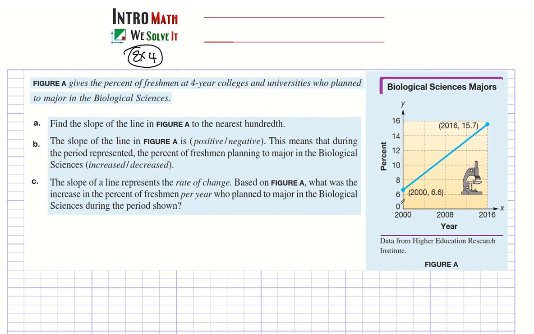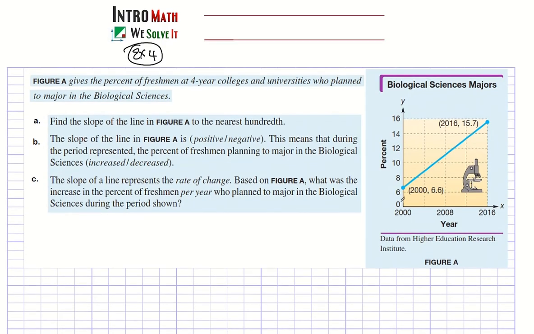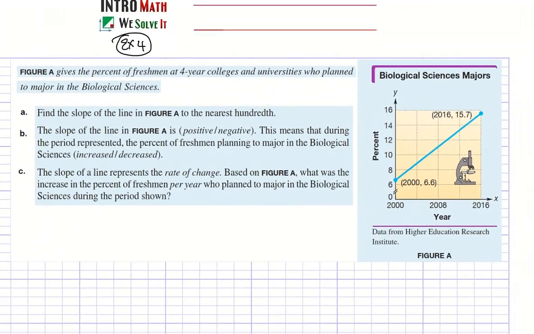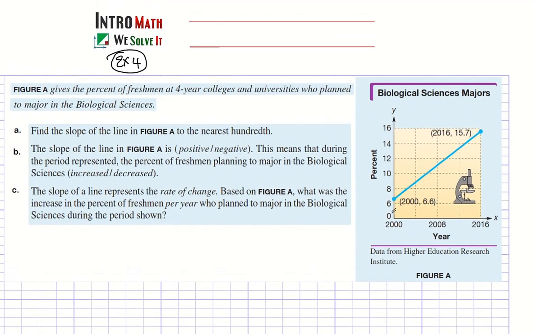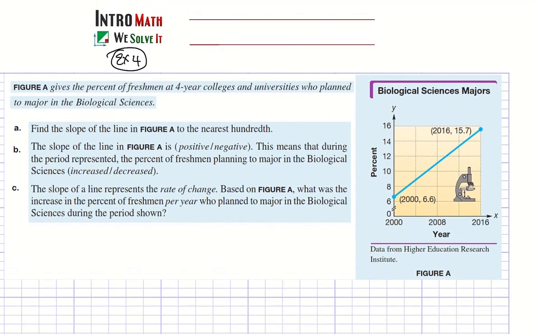Here it says, let's read that. Figure A gives the percent of freshmen at four-year colleges and universities who plan to major in the biological sciences. Find the slope of the line in figure A to the nearest 100.